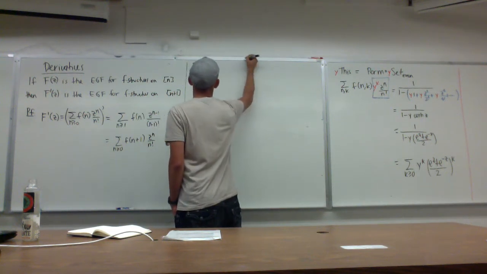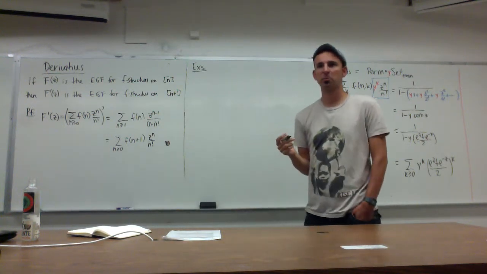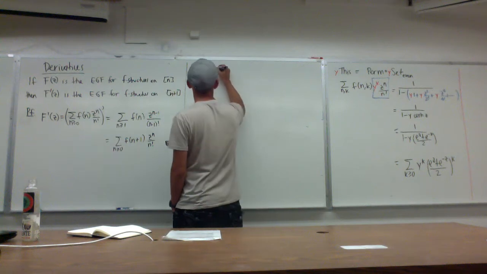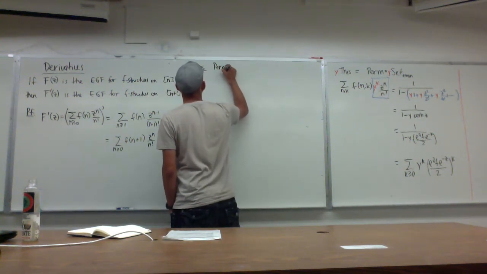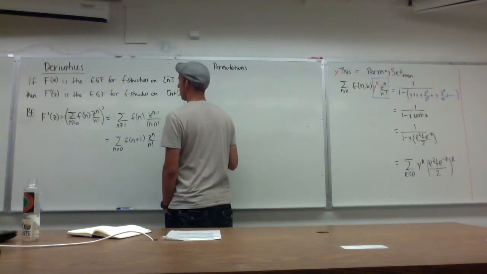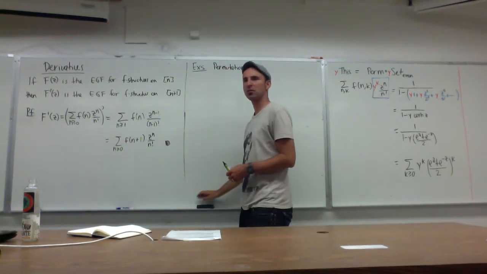And again, I'm going to do first an example that we know very well, and then an example that we haven't seen yet. So, permutations. What do I get when I apply this to permutations?